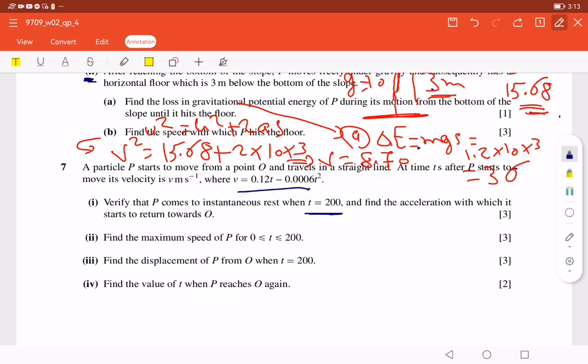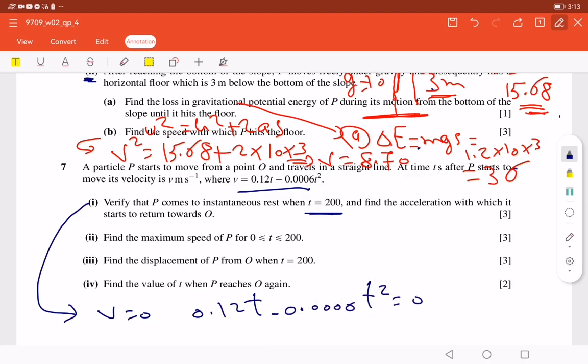Okay, we need to verify that P comes to instantaneous rest. What does it mean? It means v equals 0. So to solve part i, v equals 0. Solve the equation 0.12t minus 0.0006t squared equals 0 by taking t as a common factor.